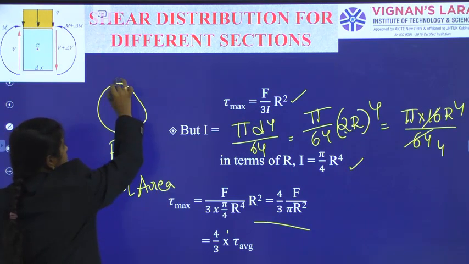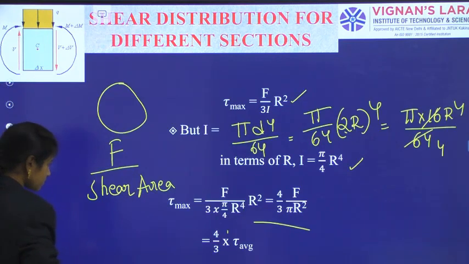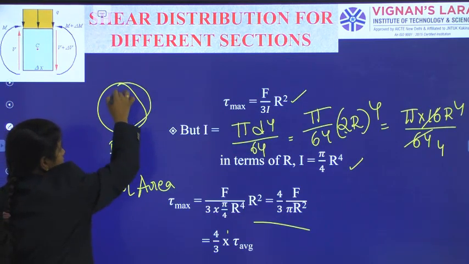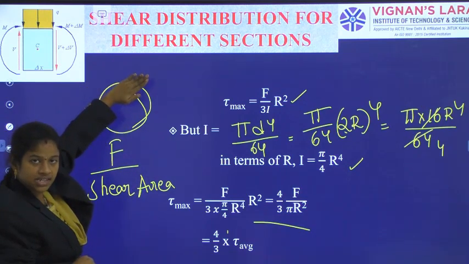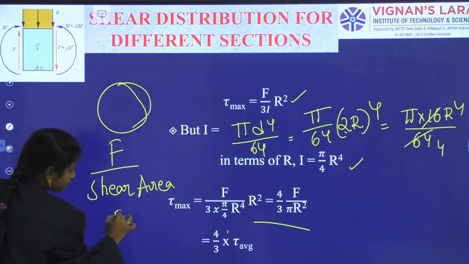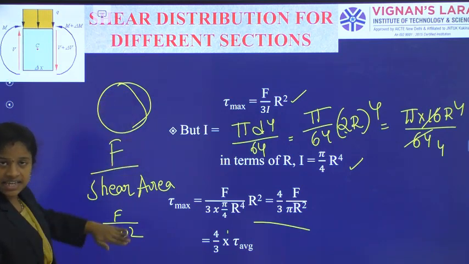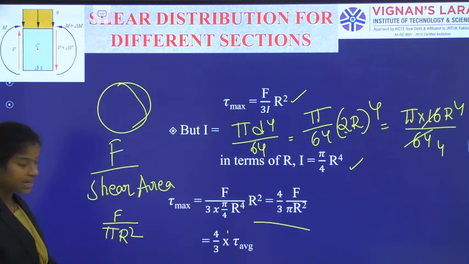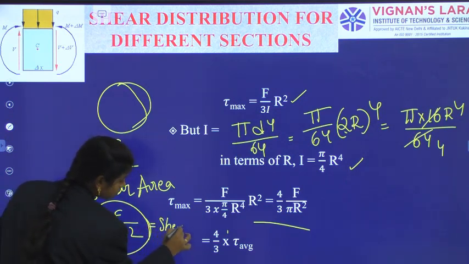Being a circular section, this F is being applied on this shearing plane, like this. So F by pi r square is the shearing area. So this is equal to shear stress.